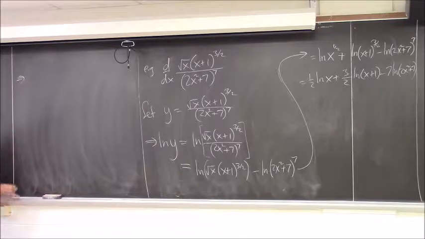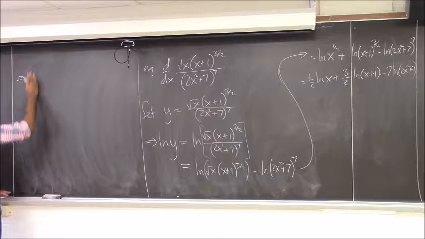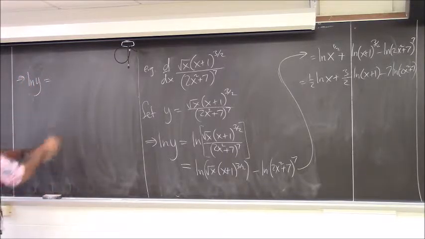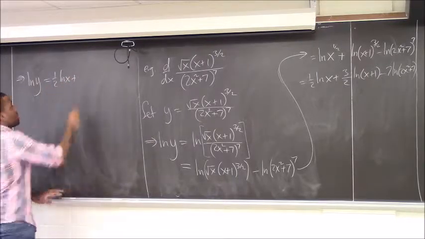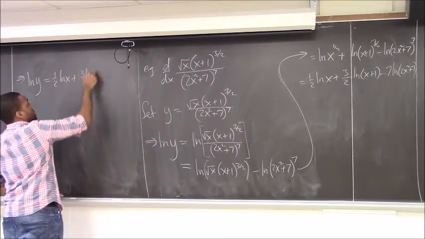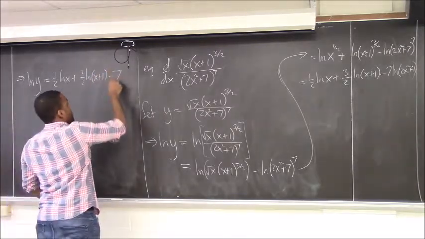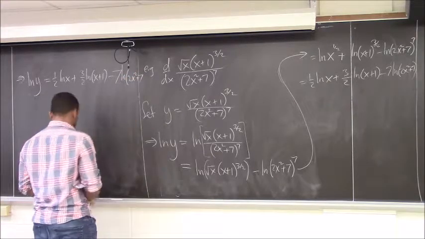So as the dust settles, we have y, well I didn't actually differentiate yet. I have ln of y is equal to this thing. 1/2 ln x plus 3 over 2 ln of x plus 1 minus 7 ln of 2x squared plus 7.